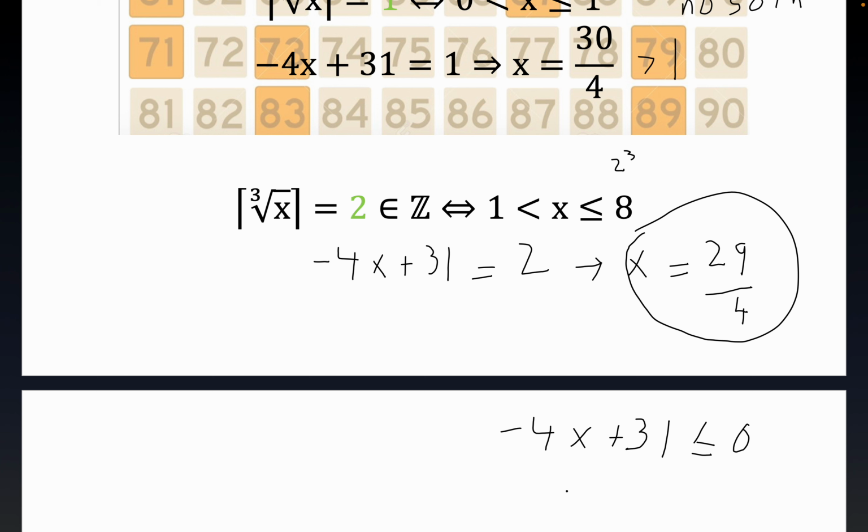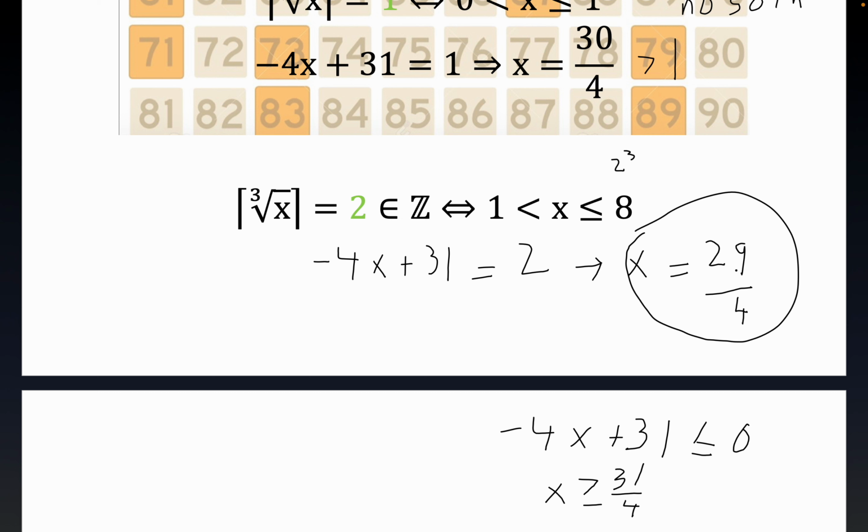Okay, when x is greater than 31 over 4. And that's clear too, isn't it, folks, by inspection? If x is greater than or equal to 31 over 4, which is a number less than 7 times 4, but as long as x is greater than that number, we don't have to check any further, right?